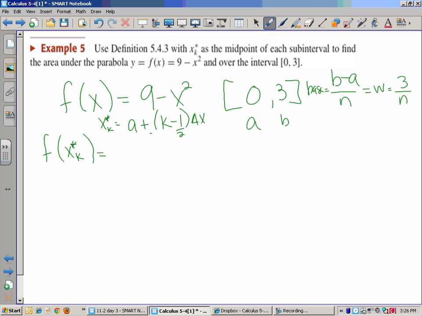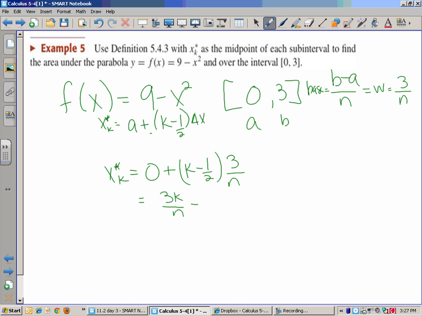So the first thing I want to do is figure out what my x star is. So my x star k, using my midpoints, my a is 0, and my delta x is 3 over n, which is going to translate to 3k over n minus 3 over 2n.